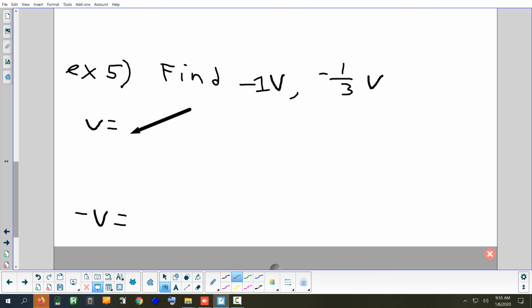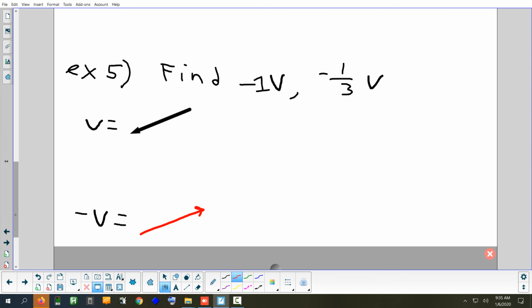There isn't. These vectors are going to have exactly the same magnitude, but the negative is just going to cause it to flip. This time I'm not going to try to flip it and be fancy. I'm just going to draw it by hand. Okay. So there's -v.